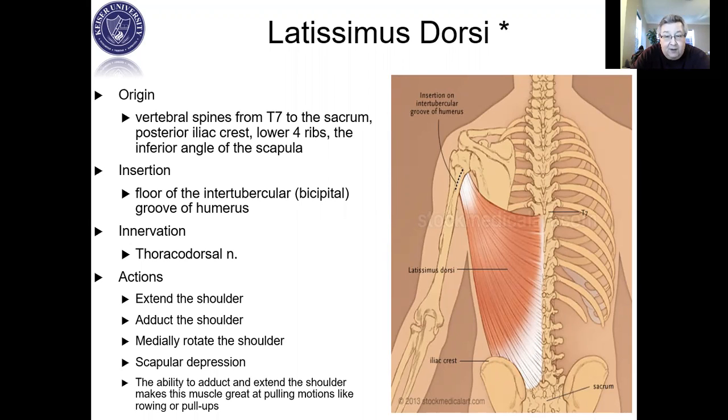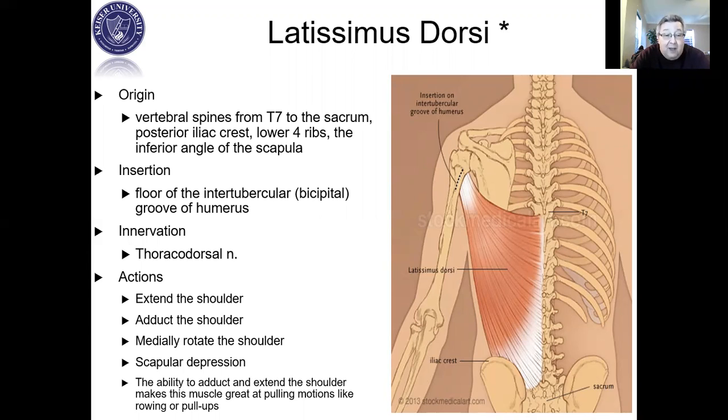The iliac crest, the vertebrae from T7 to L5, the lower four ribs, and the inferior angle of the scapula.